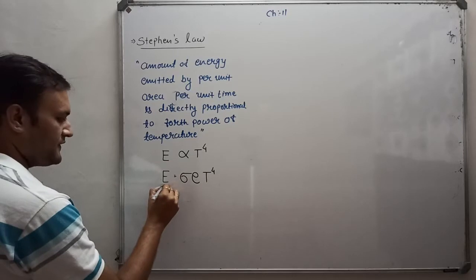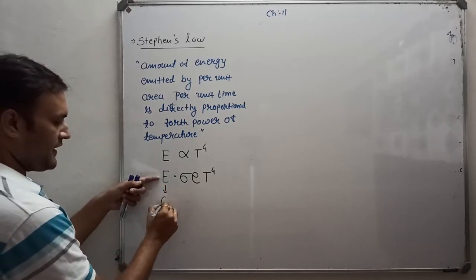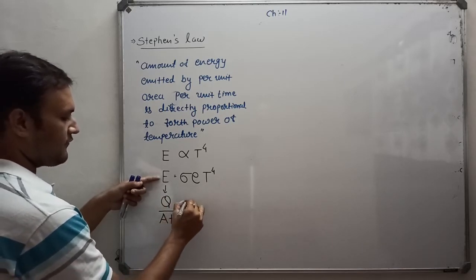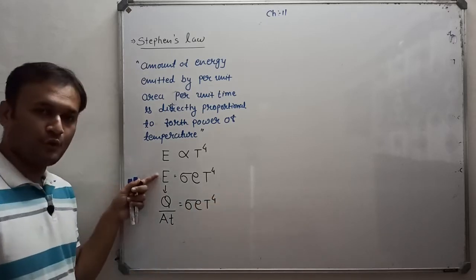Q upon A t is equal to sigma E T raised to 4.